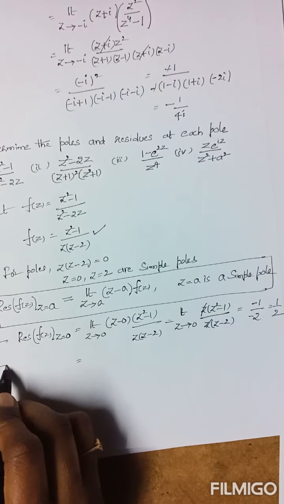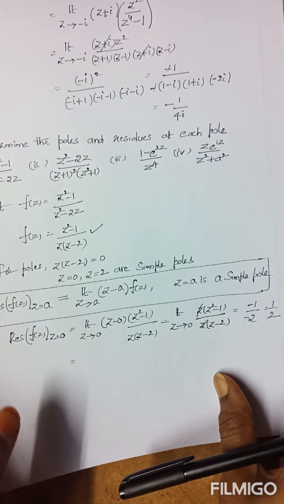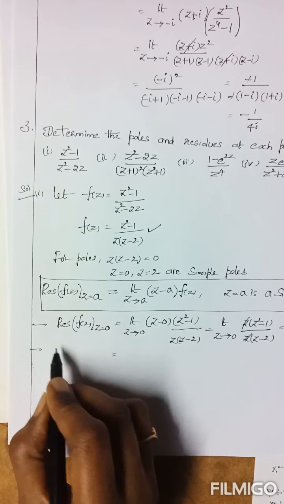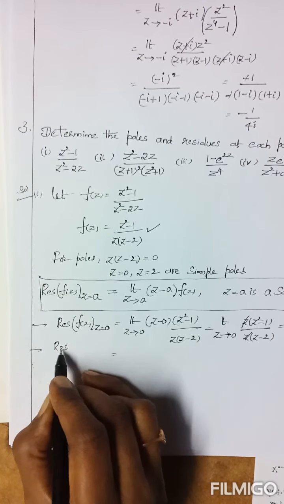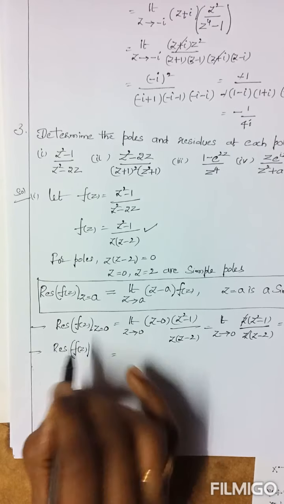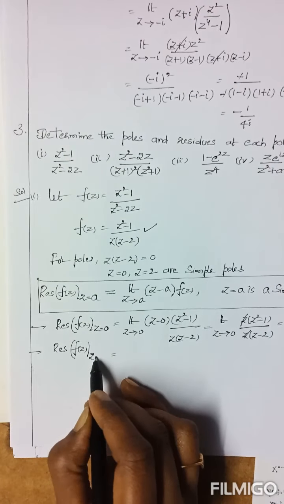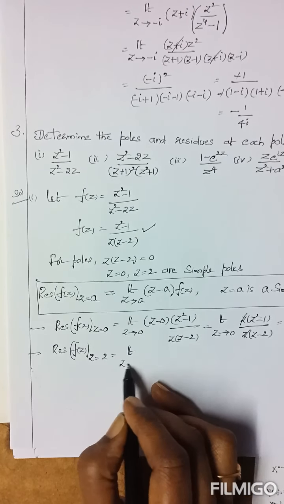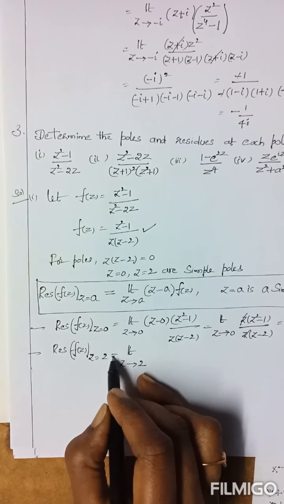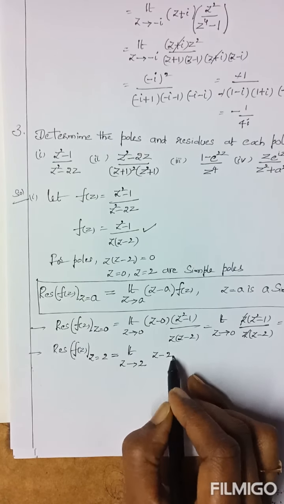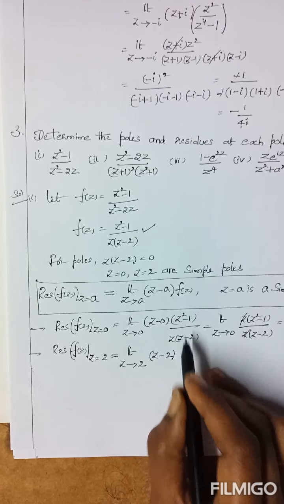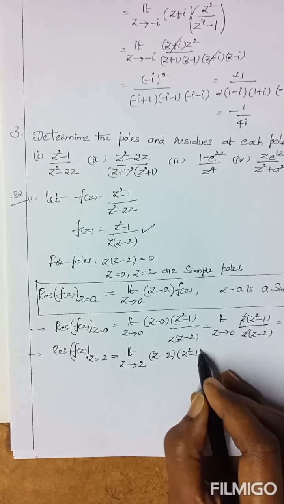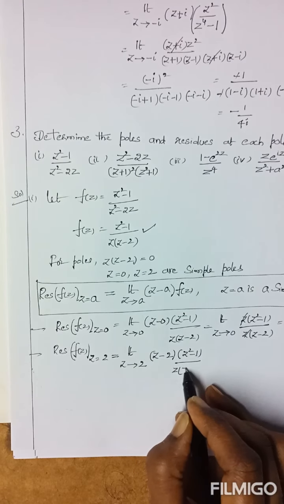Okay, next point. Residue of f of z at the second point, z equals 2. Now limit as z tends to 2 of (z minus 2) f of z. f of z is (z square minus 1) by z of (z minus 2).